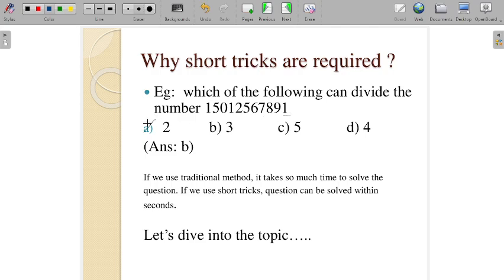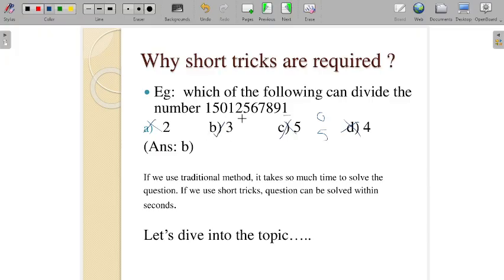So 2 and 4 are not answers. For 5, the last digit should be either 0 or 5, but here it is 1, so 5 is also not the answer. The remaining option is 3. This is the answer.